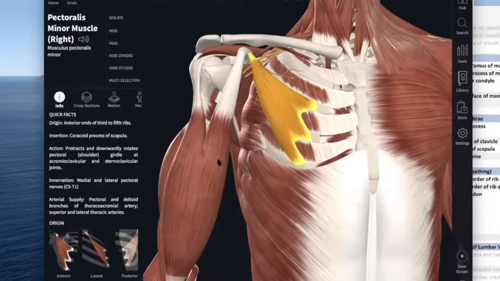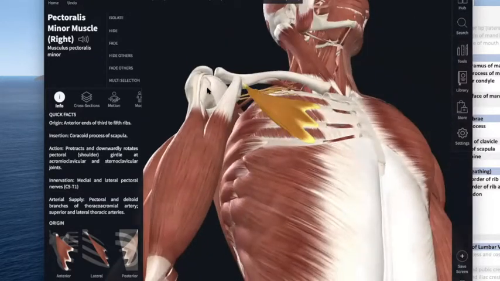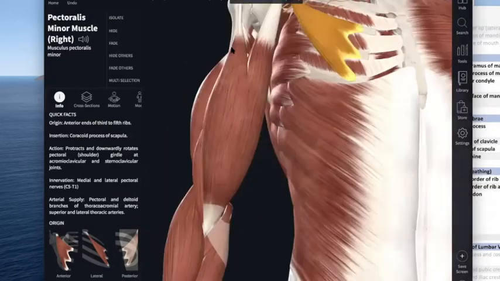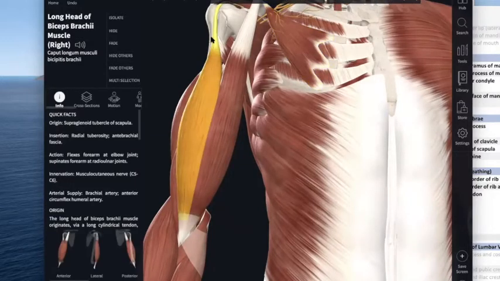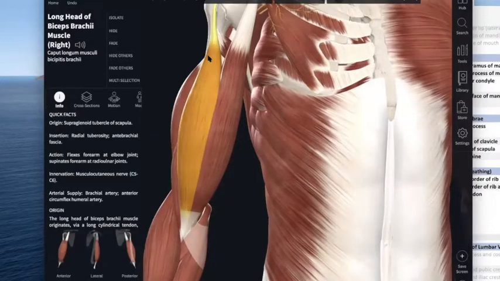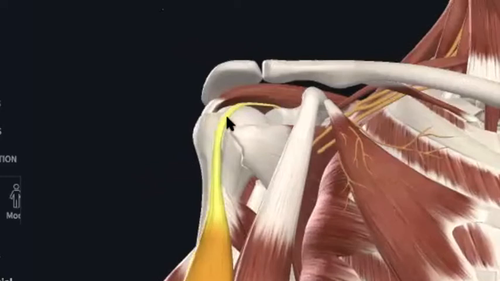All right, so next we're going to look at these muscles that are moving the humerus as well as the elbow flexors. So let's start with our biceps brachii. You have this long head, with the tendon running through that bicipital groove, inserting on the supraglenoid tubercle.